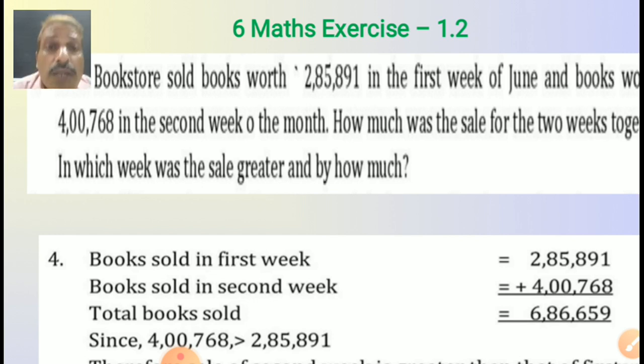Yes, 2 weeks together means addition. In which week was the sale greater, and by how much? Three questions together. Easier, student, don't worry. We will solve it fast. First of all, addition. Addition is now very easy for you.